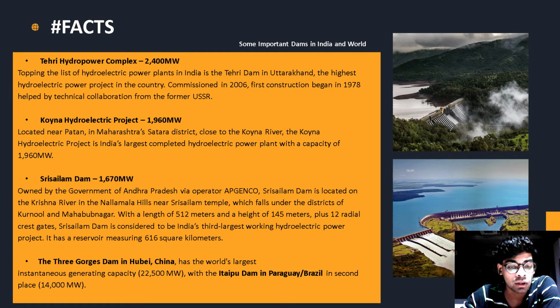And now, on the world level, it is the Three Gorges Dam in Hubei, China, that has the largest instantaneous generating capacity of approximately 22,500 megawatt of energy, with the Itaipu Dam in Paraguay and Brazil in second place, which has the capability of generating 14,000 megawatt of energy.